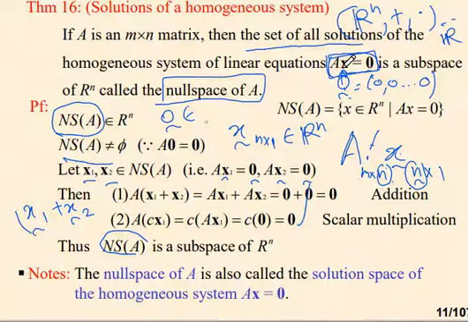So does this make sense? Note that the null space of A is called the solution space. We know that the solution space of this homogeneous system is a subspace of R^n, because x is an element in R^n.